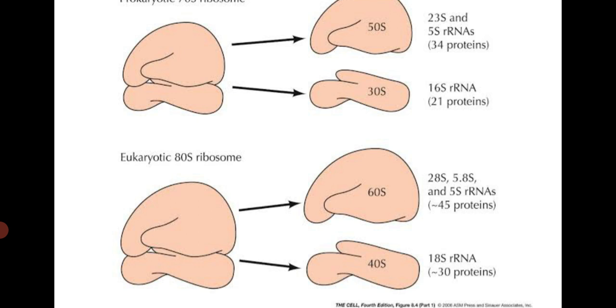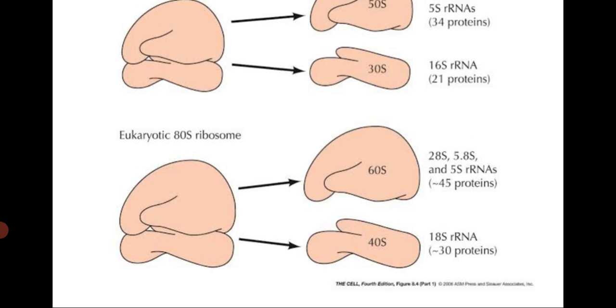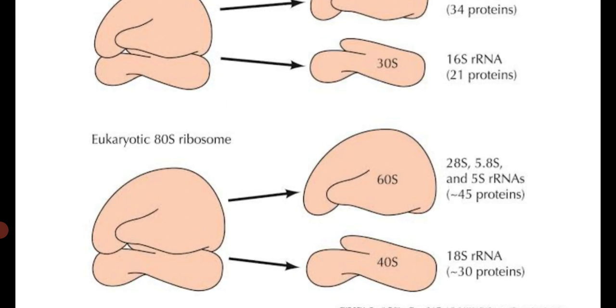The eukaryotic 80S ribosome is made up of two ribosomal subunits. The smaller subunit is 40S and the larger is 60S. The 60S is made from 28S, 5.8S and 5S ribosomal RNAs plus 45 proteins, whereas 40S is composed of 18S ribosomal RNA and 30 proteins.